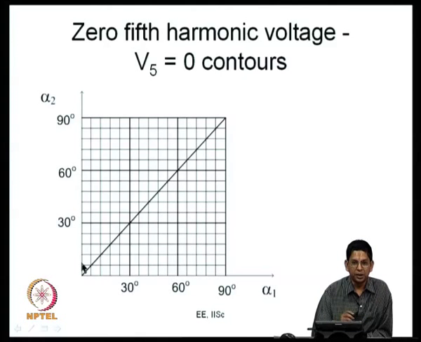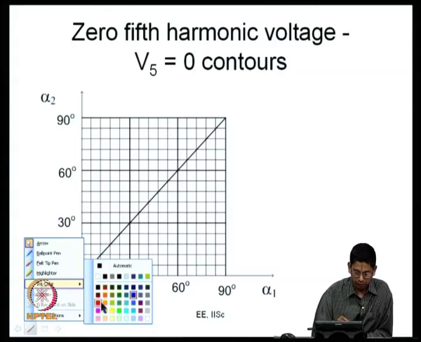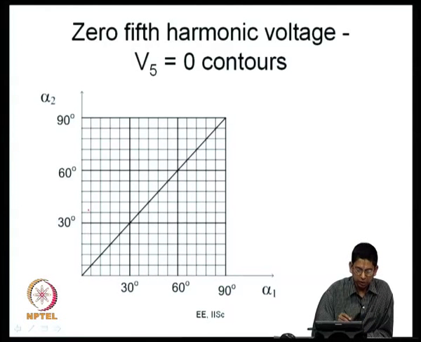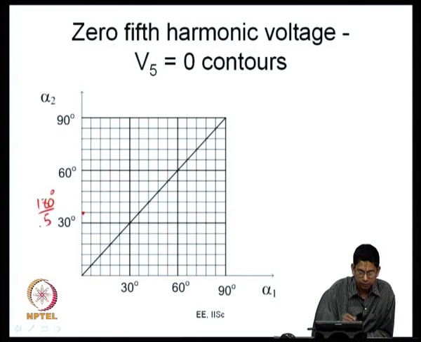If you start from here, let us say I choose some ink, there is something centered at 36 degrees. This 36 degrees is basically 180 divided by 5. Let me write 180 divided by 5, that is this point, and from here it is 24 degrees away.